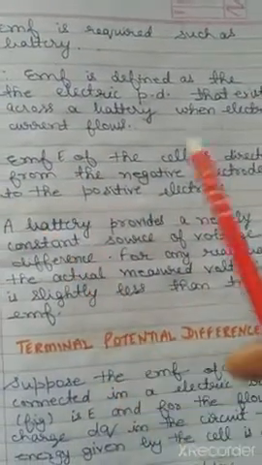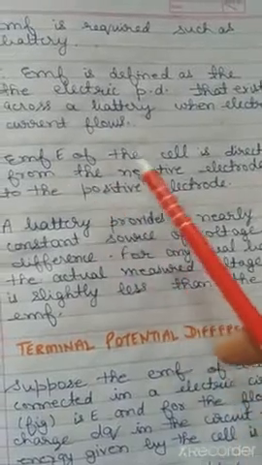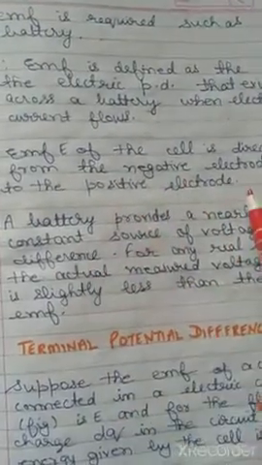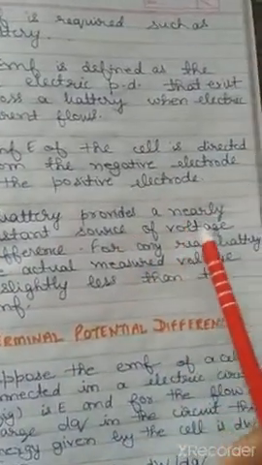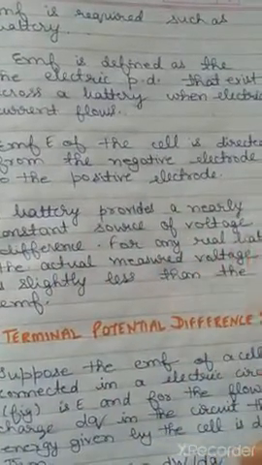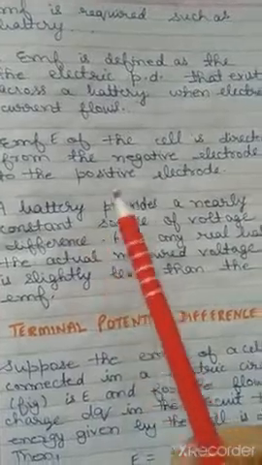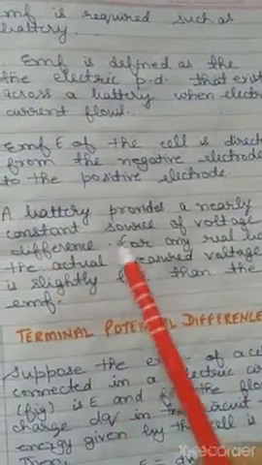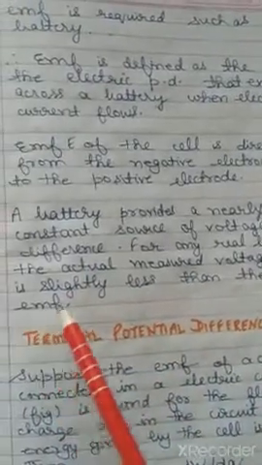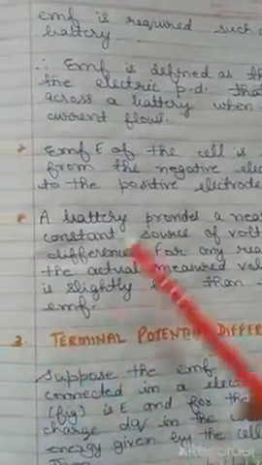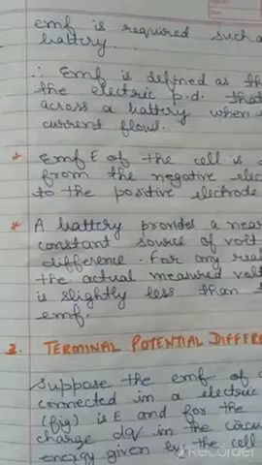Also, the EMF of the cell is always directed from the negative electrode to the positive electrode. Also, a battery provides a nearly constant source of voltage difference. For any real battery, the actual measured voltage is always slightly less than the EMF. Is it clear? So these are a few important points related to EMF.